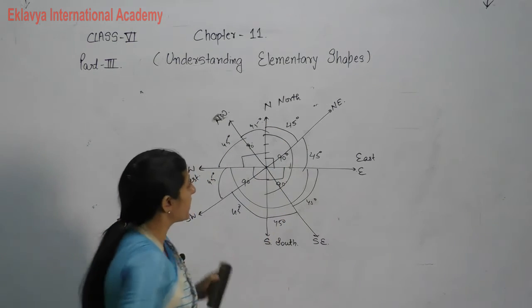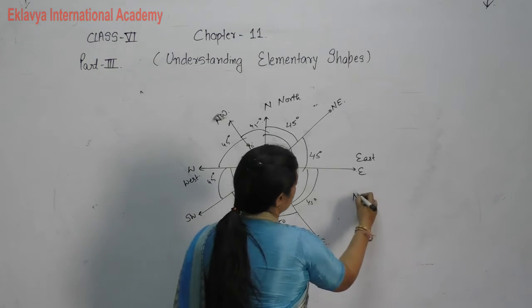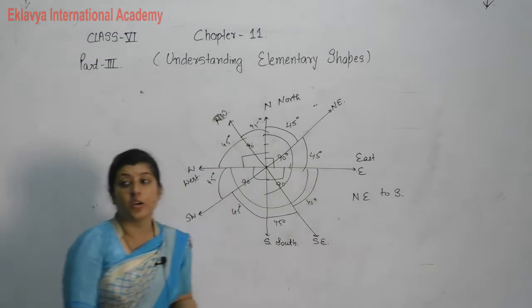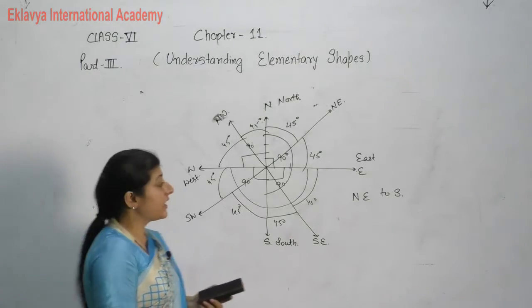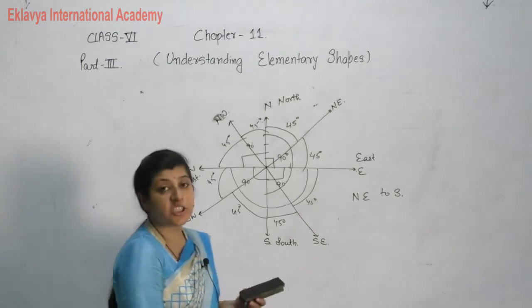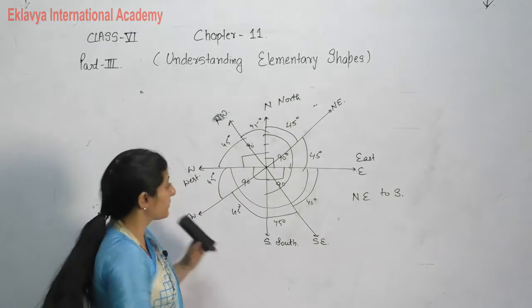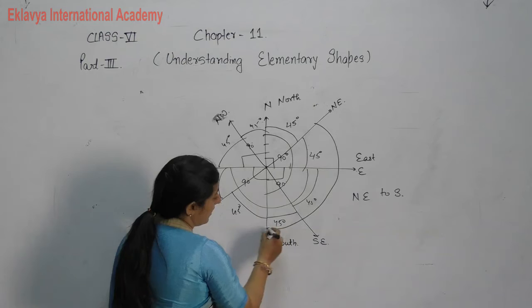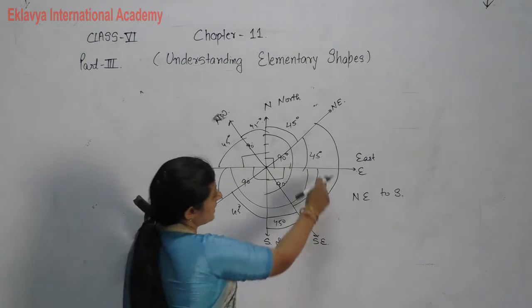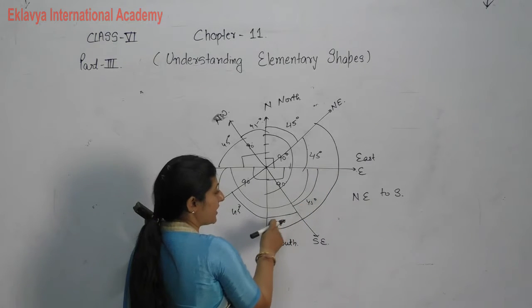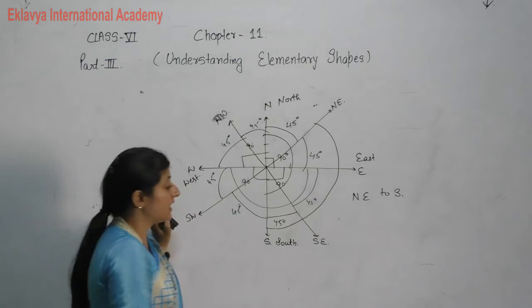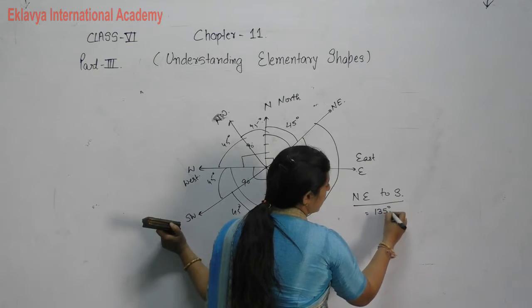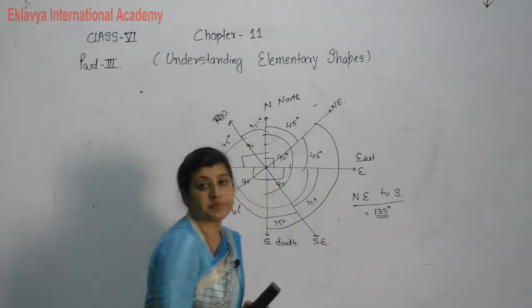So how much rotation will there be when you move from northeast to south? See, northeast is here, south is here. This is 45 degrees, 45 degrees, 45 degrees. It means northeast to south there is a rotation of 135 degrees.